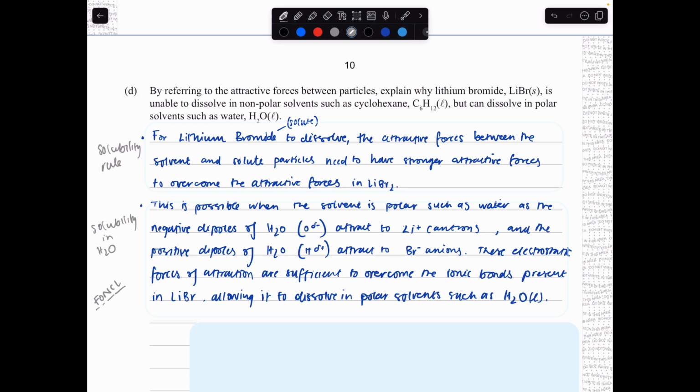So oxygen is within this mix, which means that it is quite electronegative in comparison to hydrogen. Anyways, the electrostatic forces of attraction are sufficient to overcome the ionic bonds present in lithium bromide, allowing it to dissolve in polar solvents such as H2O. Okay, so that's an explanation of how the solubility occurs.